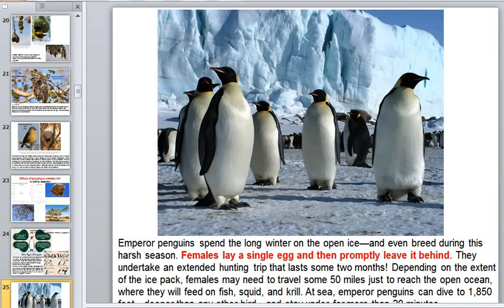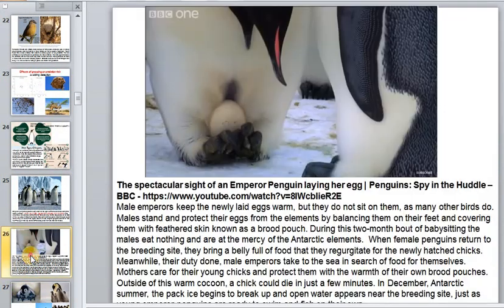So he keeps the egg in a special pouch, and if you want to see this pouch, here we see it on the feet, keeping the egg on the feet in this place.